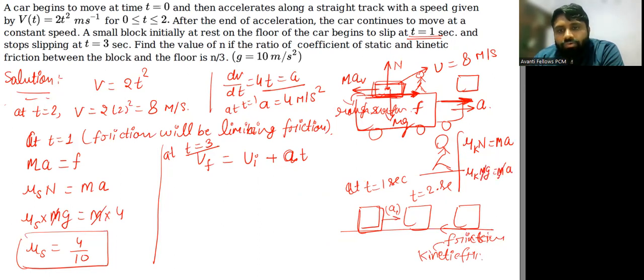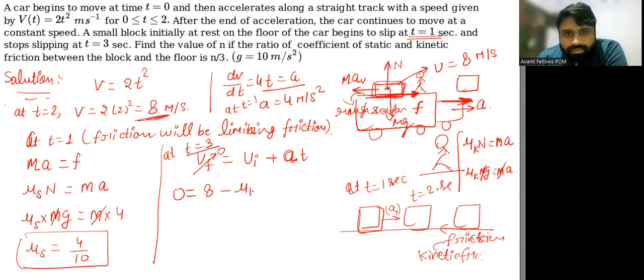M and m will cancel out. So acceleration here will become mu k into g, which is a deceleration. So the final velocity at t is equal to 3 will become 0. So 0 is equal to the initial velocity, which we will take as 8 meter per second because the acceleration is up to 2 seconds. Okay. And at 2, the velocity is 8 meter per second, minus mu k into g into the time, which is 1 second.